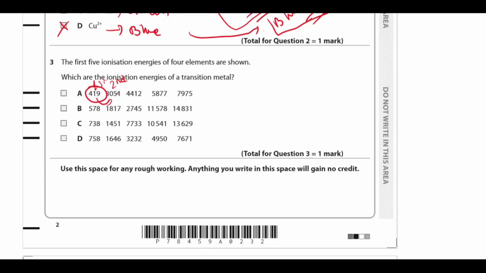Since we see a big jump, only one electron was present in the outermost shell. So this metal is not a transition metal, considering it's in group 1, and group 1 metals are not transition metals.